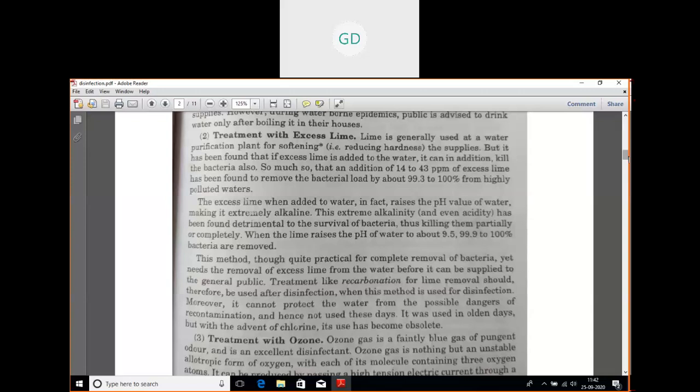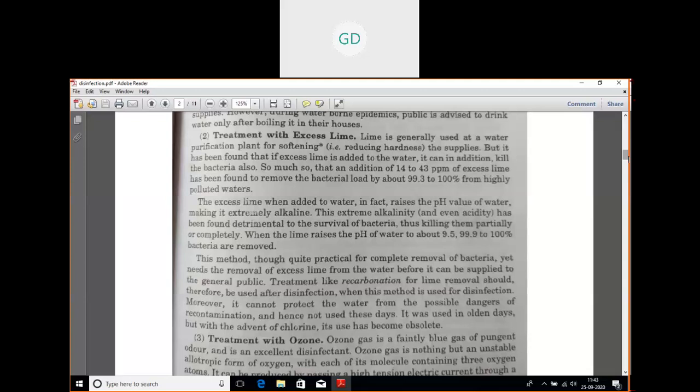The bacteria cannot survive in that alkaline water, and as a result the bacteria are killed partially or completely. When you add lime in excess, the pH value becomes about 9.5 or something like that.